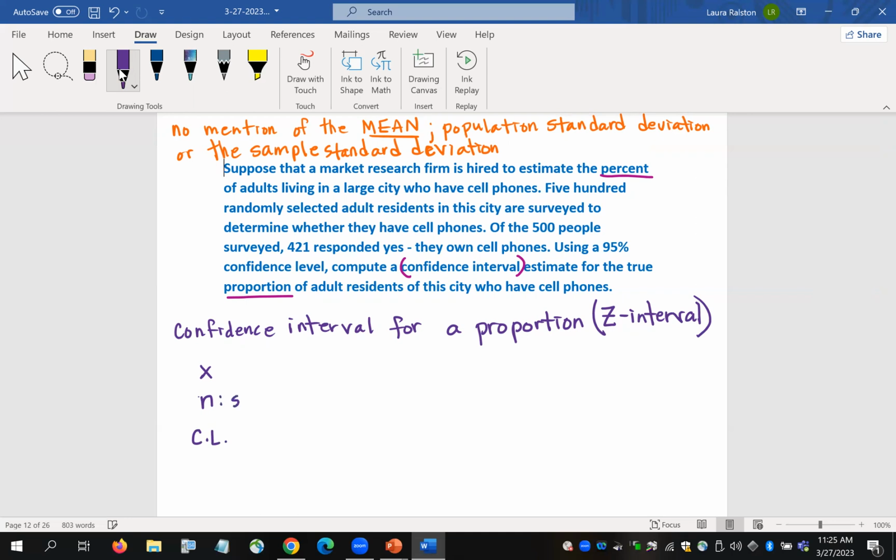N is basically your sample size. X is what we call the number of successes. And in this case, a success is that they have a cell phone, because that's what I'm interested in. And then, of course, CL is the confidence level.